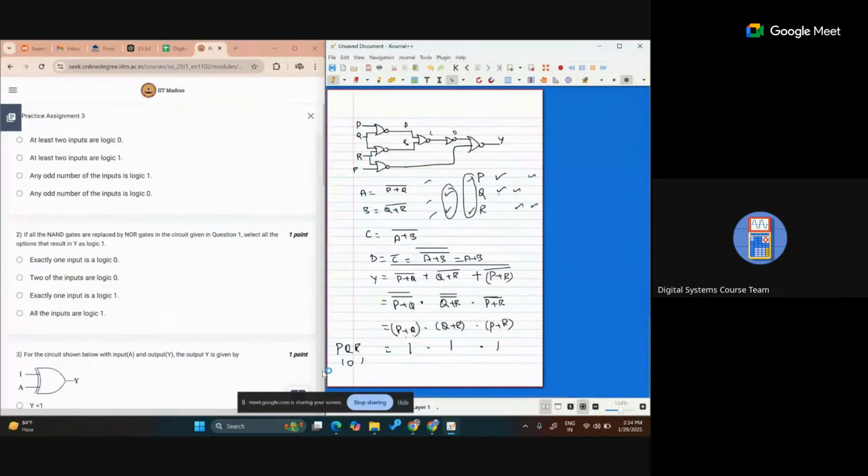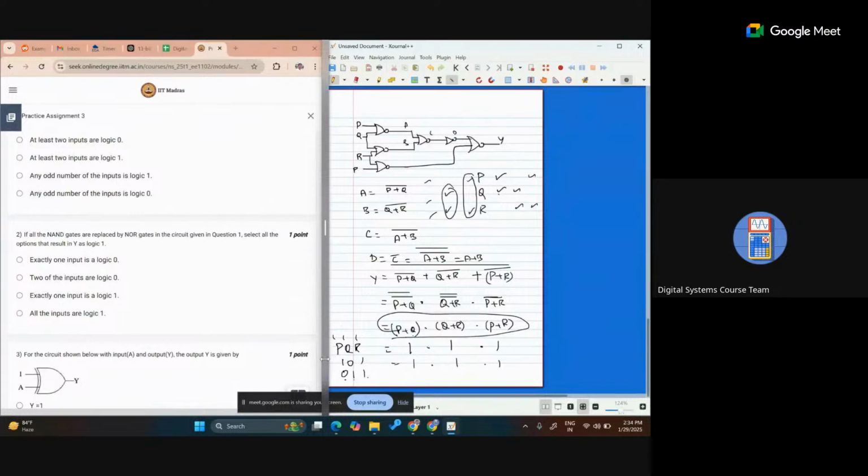Am I right? Yes, sir. Or if I have 0, 1, 1, that is P equal to 0, Q and R high, since Q is 1 and R is 1. So at least two input lines should be high. If all inputs are high, it is straightforward that everything is high. That is also a valid answer.